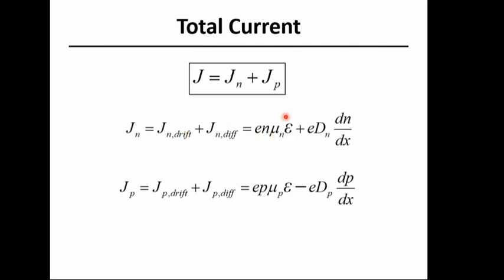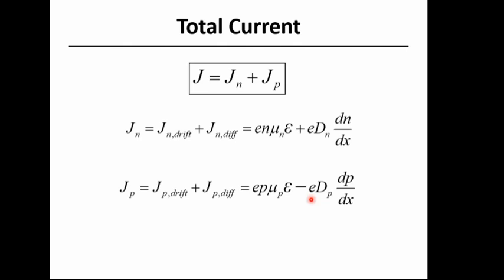So we added the drift current, which is E n mu n times the electric field, plus diffusion that we just derived, it's E Dn dn/dx. And the current due to holes, again, is the drift plus diffusion, so it's E p mu p times the electric field minus E Dp dp/dx.